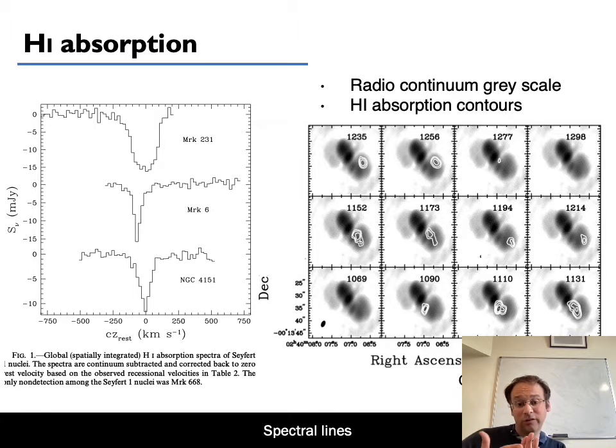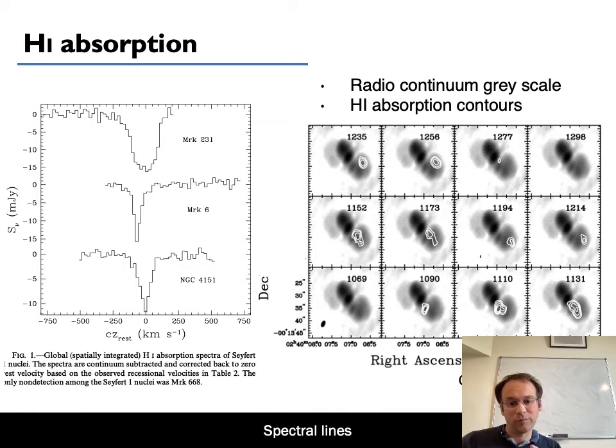So what you're seeing here is a lot of the gas seems to be moving towards us, away from the AGN. Now that could be associated with just the ordinary rotation of gas in that galaxy, or it could be actually something to do with outflowing gas, although in this case I think that's probably not true.